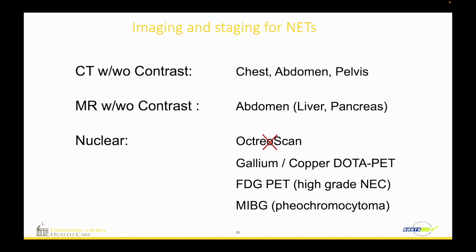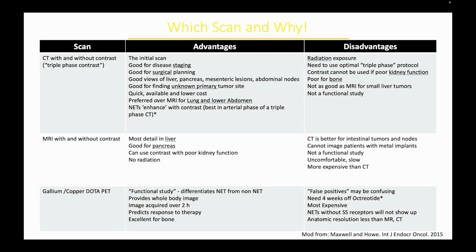This was a great scan in the 1980s, but should be shelved because we now have gallium and copper dotatate PET scans, which you'll hear more about. We have CT scans, we have MRI scans, and sometimes it's very confusing about why the doctor chooses one scan and not the other scan.